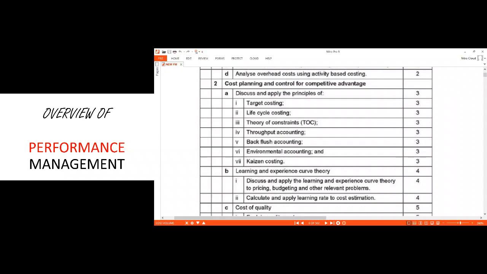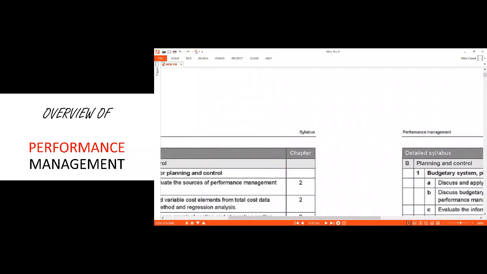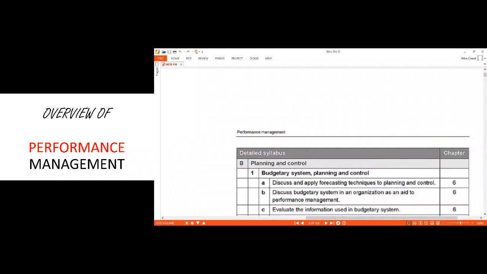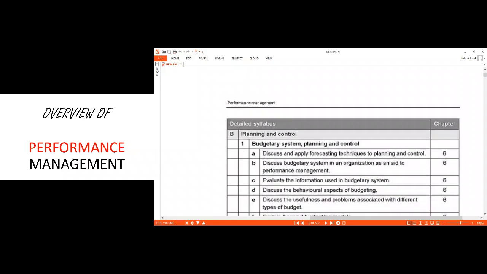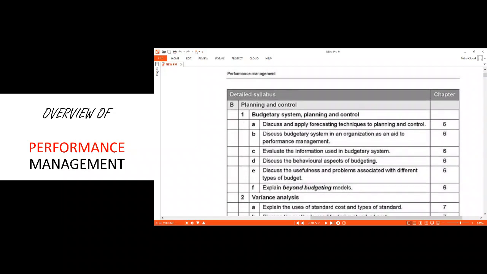Then we are going to move on to the B part of our syllabus, the planning and control. Then we'll be dealing with the budgetary system, planning and controlling. We'll be discussing how to forecast, the forecasting techniques, budgetary system within an organization, and how it can help us through performance management.